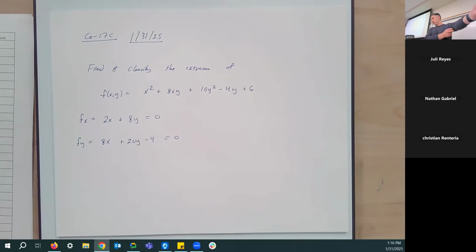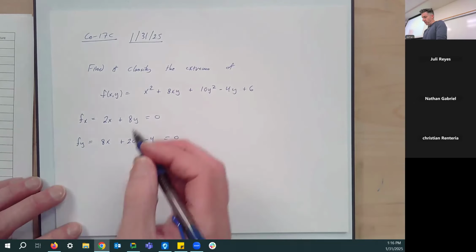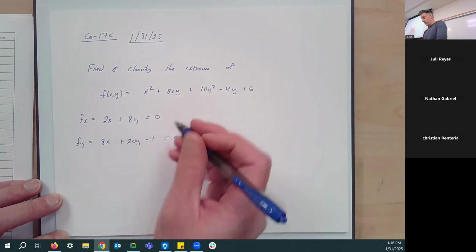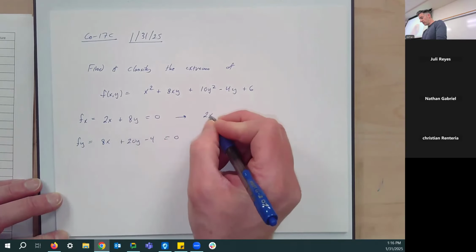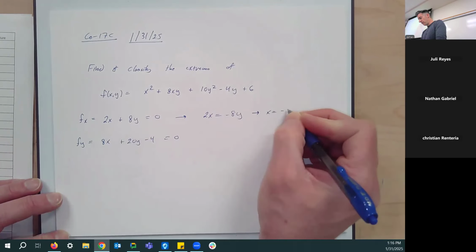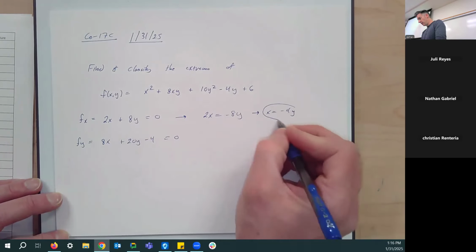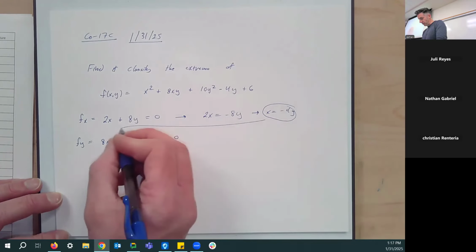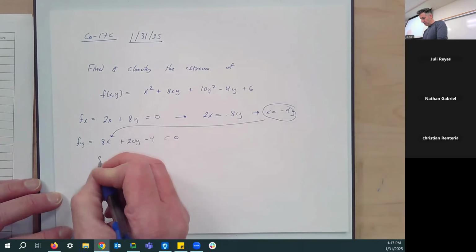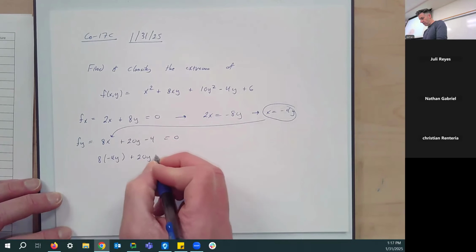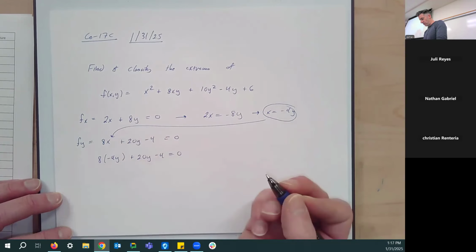There's a couple ways to do this. I'd probably solve for one of them instead of setting equal. So I'd solve for x here and say 2x equals negative 8y, so x is equal to negative 4y. Then plug that into the other equation: 8 times negative 4y plus 20y minus 4 equal to 0.